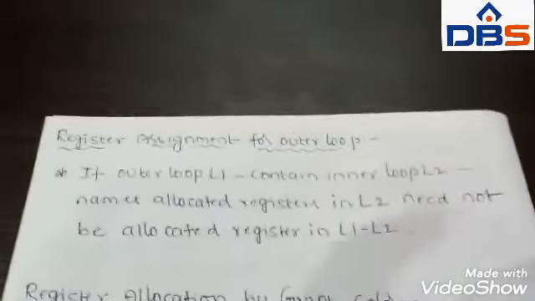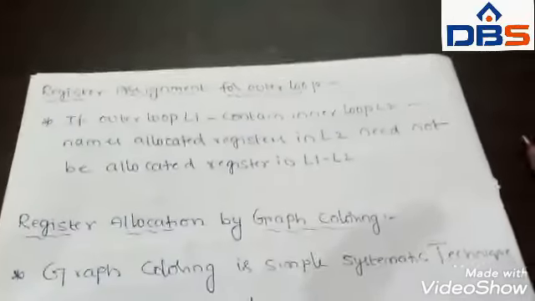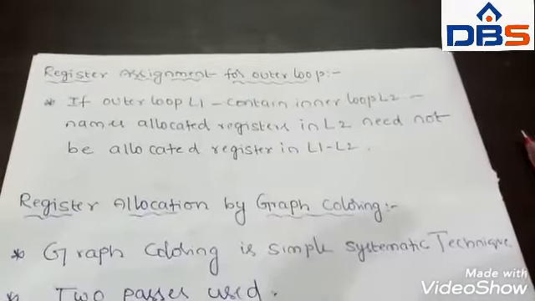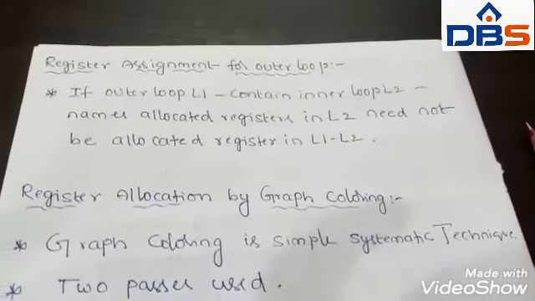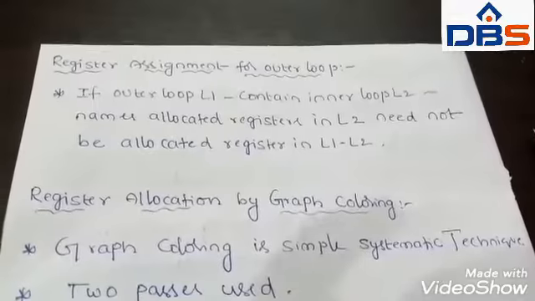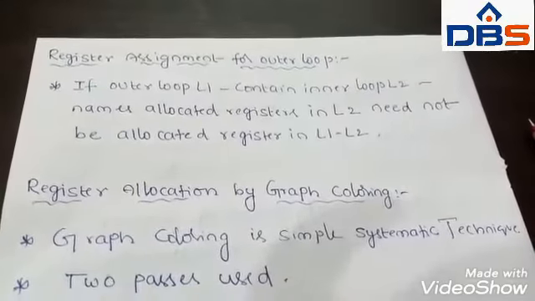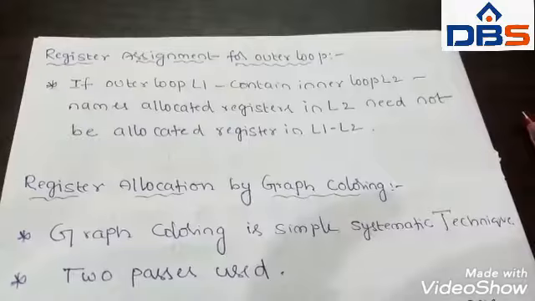Next, coming to register assignment for outer loops. The major thing is, if an outer loop L1 contains an inner loop L2, the names allocated registers in L2 need not be allocated registers in L1 minus L2.